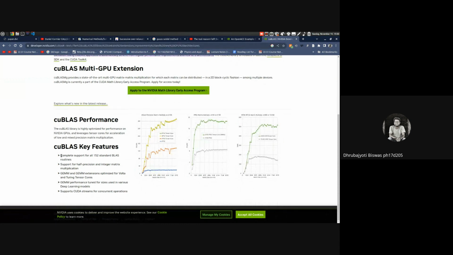They have the complete support for all 152 BLAS routines, half precision, integer matrix, gemm and gemm extension, and so on, tuned for various sizes in deep learning and things like that. They also have a multi-GPU matrix multiplication which can be distributed among multiple devices. You can use that as well. So these are what is available.